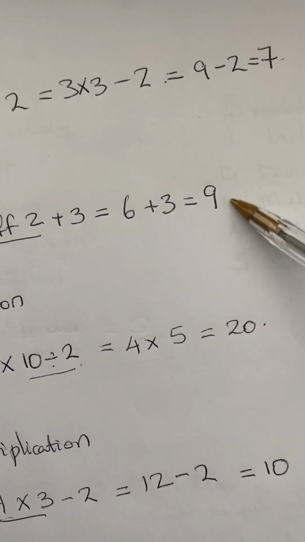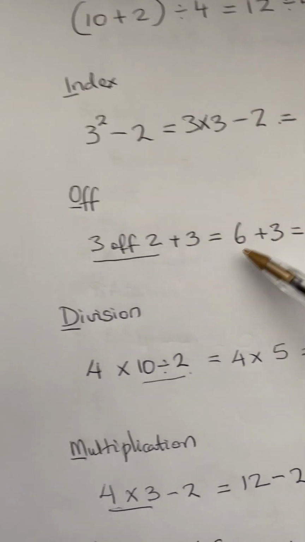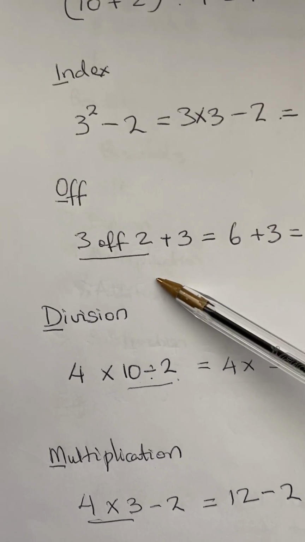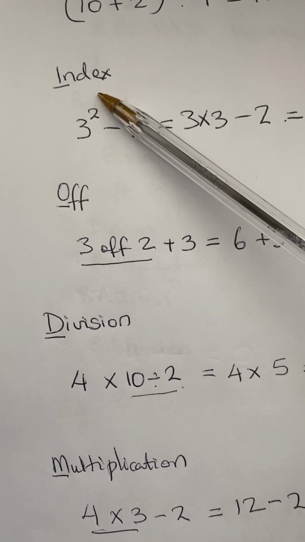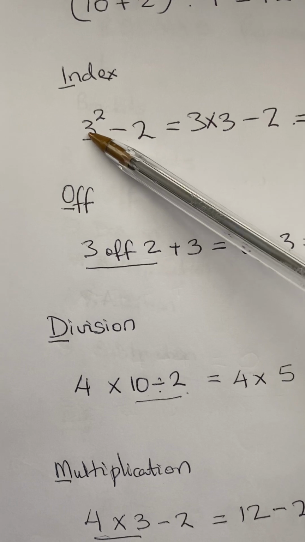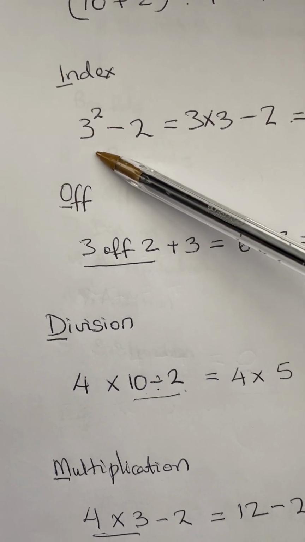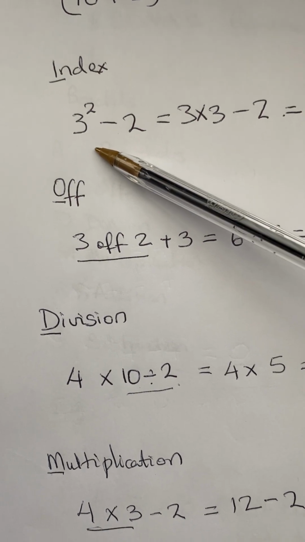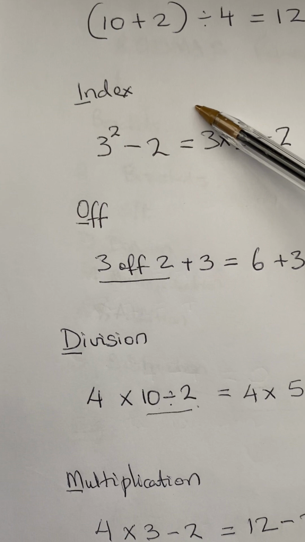In case it is BODMAS. So when you see of, you use BODMAS. And when you see indices, like 3 to the power 2, 2 to the power 3, 4 to the power 3, then you are going to use BIDMAS.